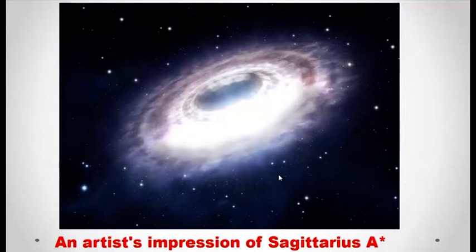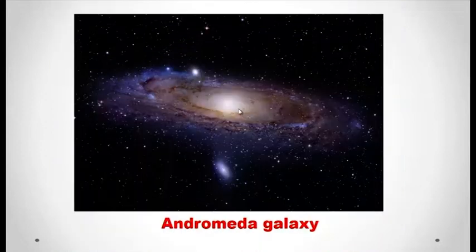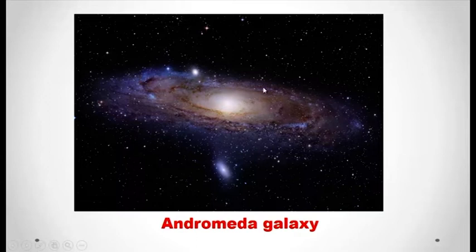This is an artist's impression of the black hole Sagittarius A, which is the center of our Milky Way galaxy. So, like the Milky Way galaxy, all galaxies have a black hole at their center. This is the image of the Andromeda galaxy, which is the closest neighbor to our Milky Way galaxy.